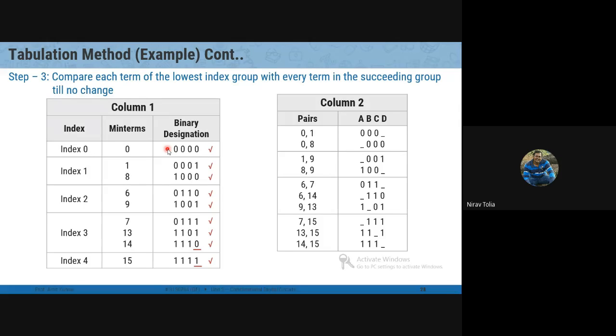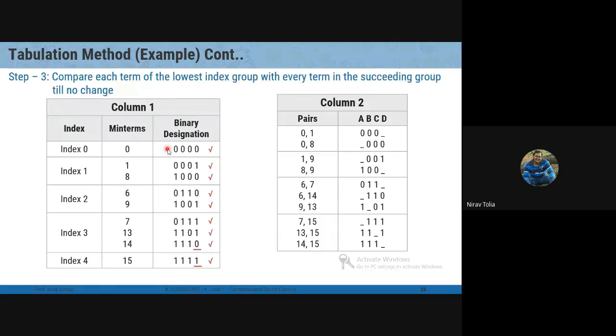Those which have 2 ones in binary are in index 2. Those which have 3 ones in binary are in index 3. And those which have all 4 ones are in index 4.